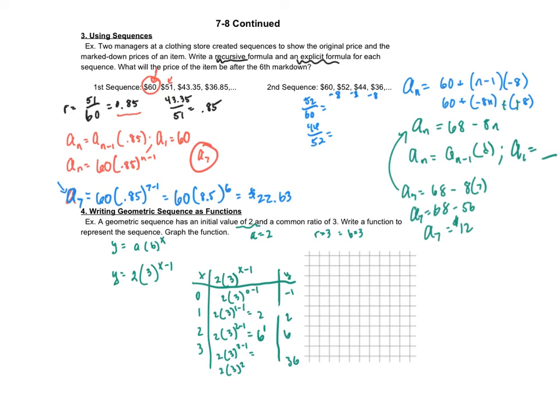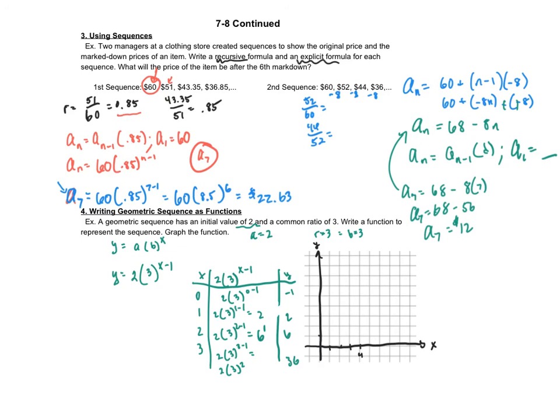So there we have it. We have some points that we can go ahead and graph. Okay, so I have my x and my y, and I'll just go 1, 2, 3, 4, and I'm not sure what I need to graph to. 36, 2, 4, 6, 8, 10, 18.